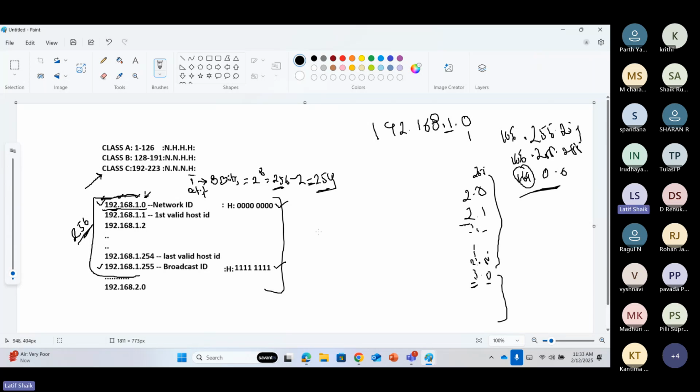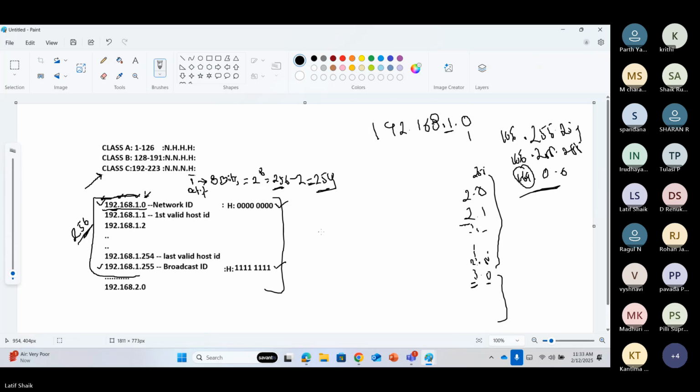These 2 IDs we can't assign to any device. All remaining we can assign, so the total is 254 devices. If you are using class C, you can have one logical network, and in that one logical network you can connect 254 devices maximum.